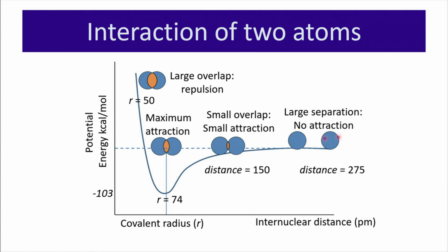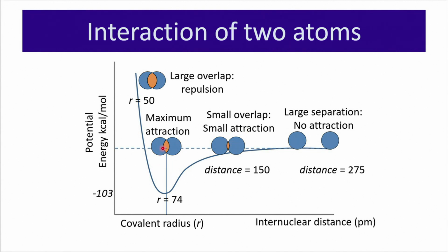Here, since they are at a large distance, there is literally no attraction between the hydrogen atoms. When the atoms approach closer, at around 150 picometers, there is a small overlap. That means a small attraction is happening between the two hydrogen atoms.